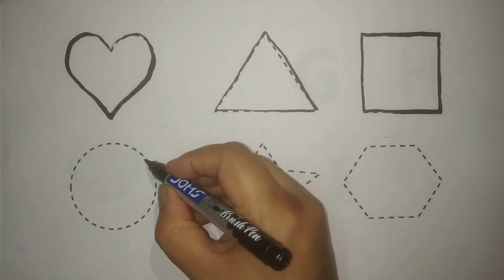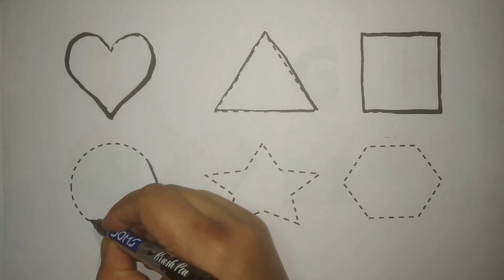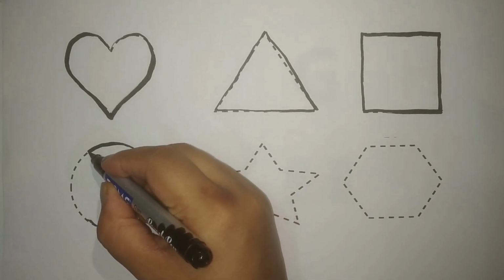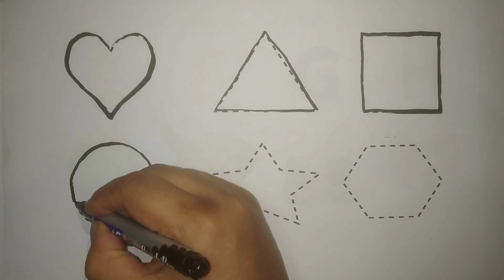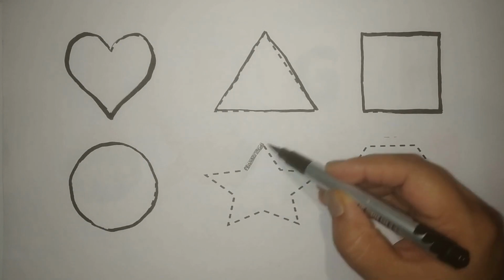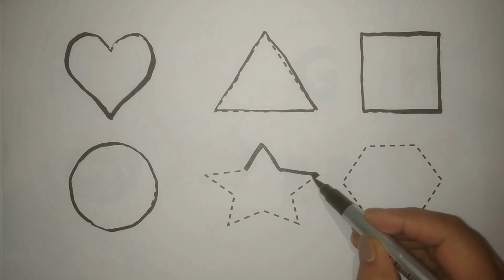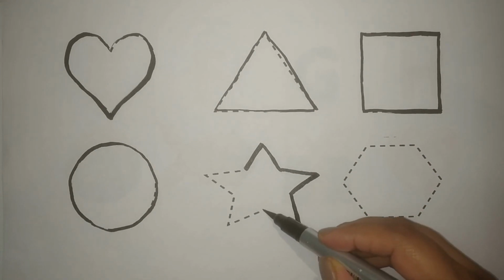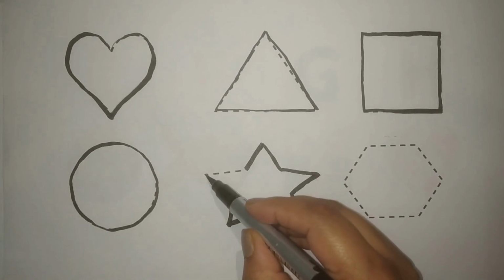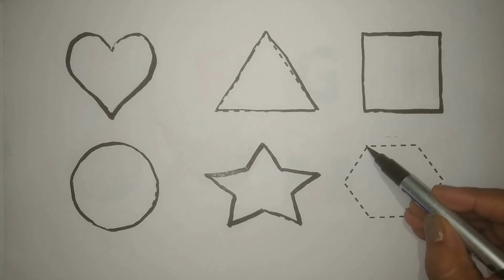This is a circle. This is a star. And this is a hexagon.